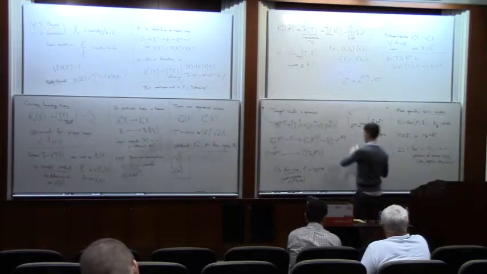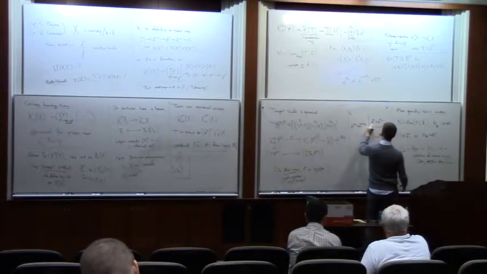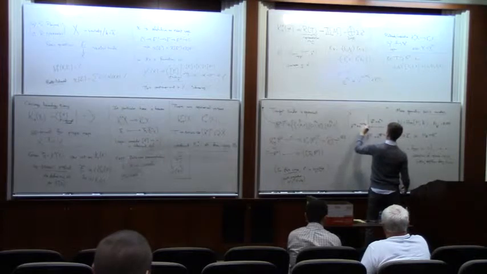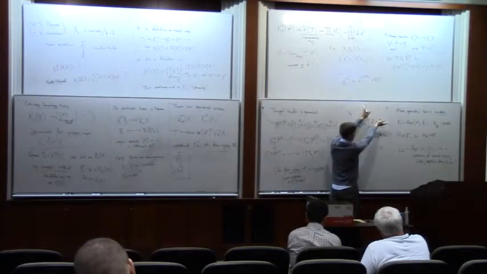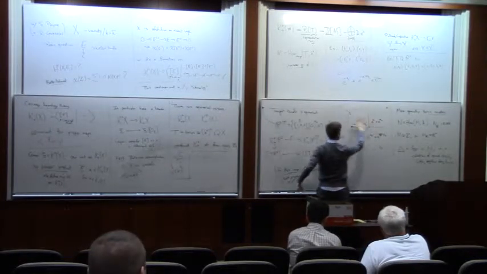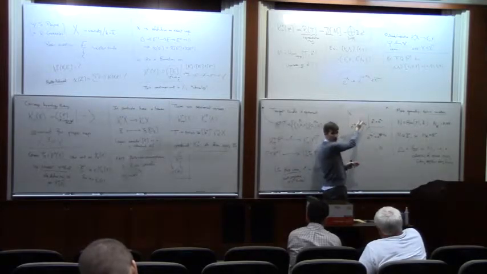So here we have an example of a fan in R2, and there are three big cones. Here's a cone, it's spanned by these two vectors. Here's another cone that's spanned by these two vectors, and they're convex cones, and they fit together along their rays.